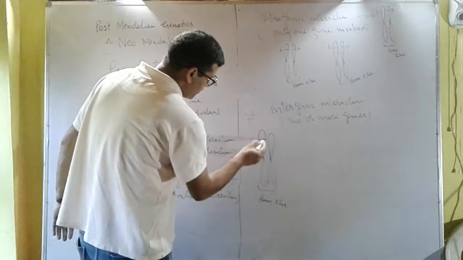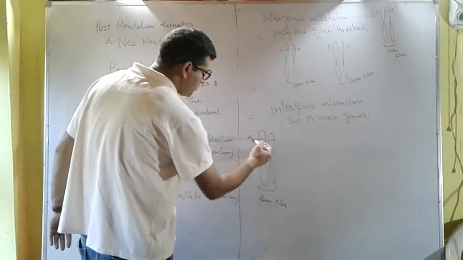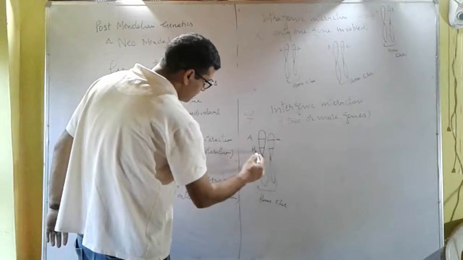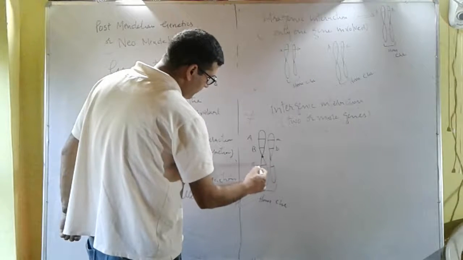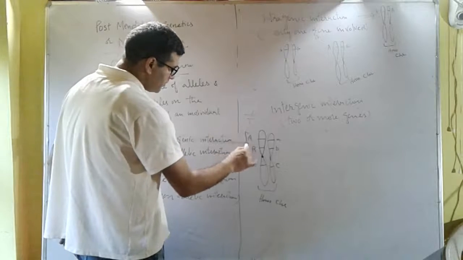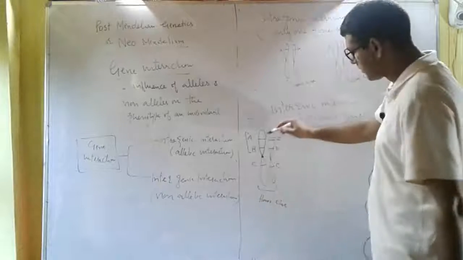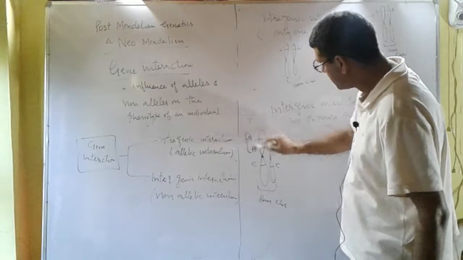For example, this is one gene, with two alleles of the same gene. This is another gene. So these two different genes interact to produce a phenotype.